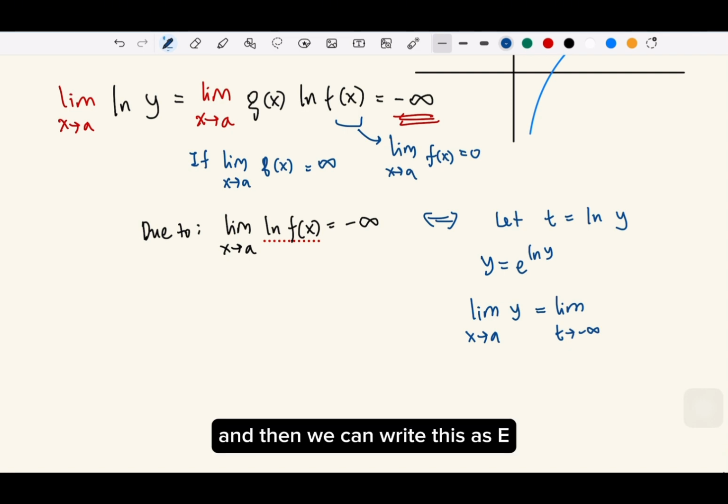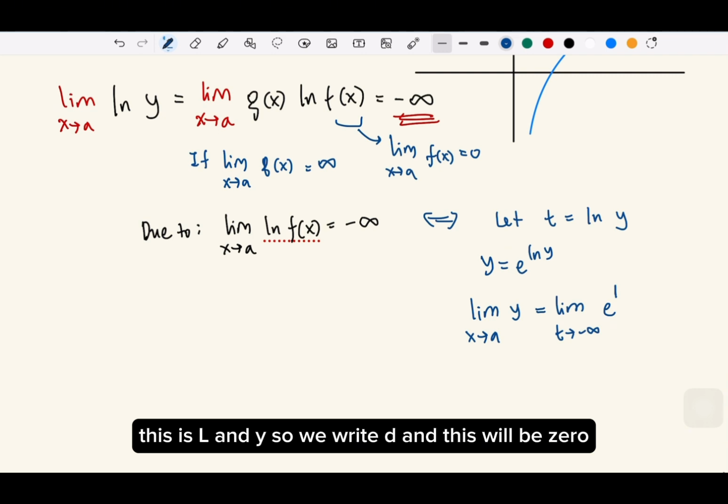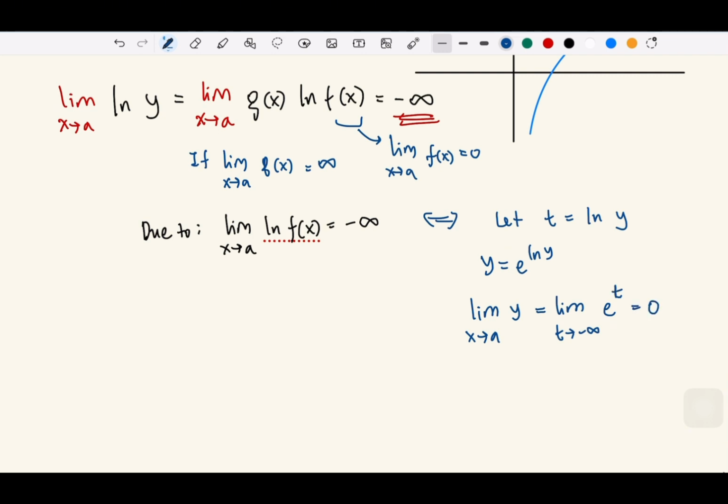And then we can write this as e to the power of t, where t is ln y, and this will be 0.